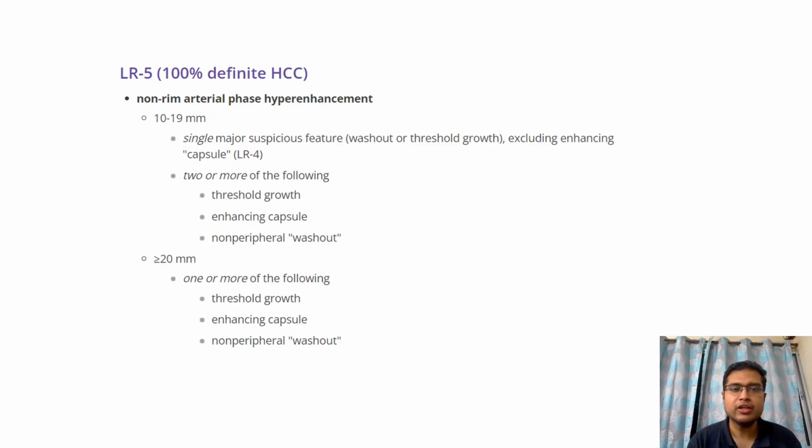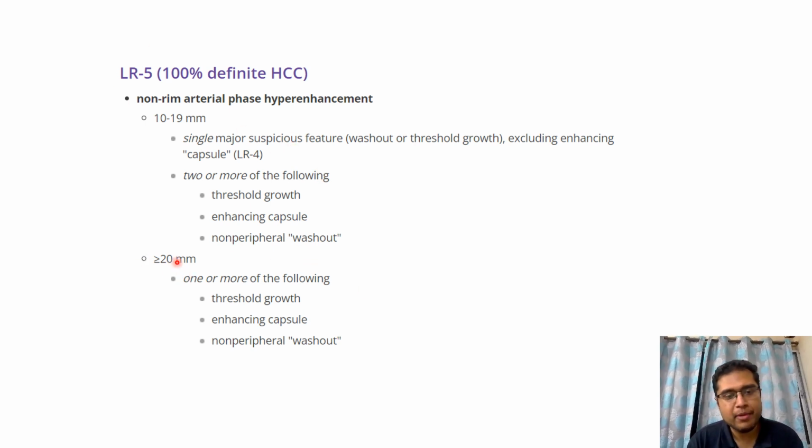So what exactly is included in LR5, the definite hepatocellular carcinoma category? All the non-rim arterial phase hyperenhancing observations of 10 to 19 mm with a single major suspicious factor, excluding enhancing capsule, are included in LR5. Also 10 to 19 mm with 2 or more of the following, that is threshold growth, enhancing capsule, and non-peripheral washout, are included in LR5.